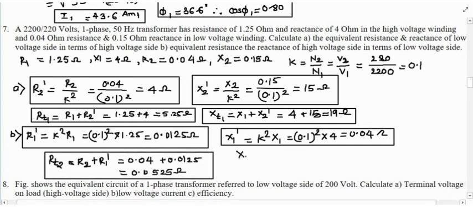Similarly, find out XT2, equivalent reactance of the transformer referred to the low voltage side. XT2 is nothing but X2 plus X1 dash, primary reactance referred to secondary side. X2 is 0.15 plus 0.04. So you will get this as 0.19 ohm.